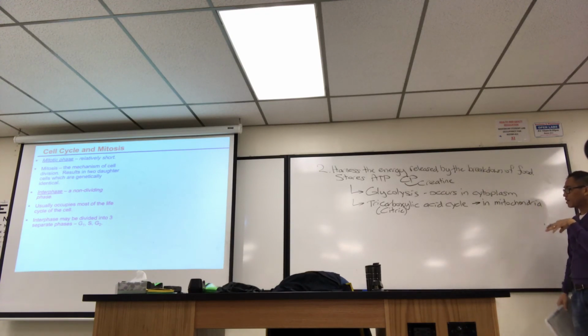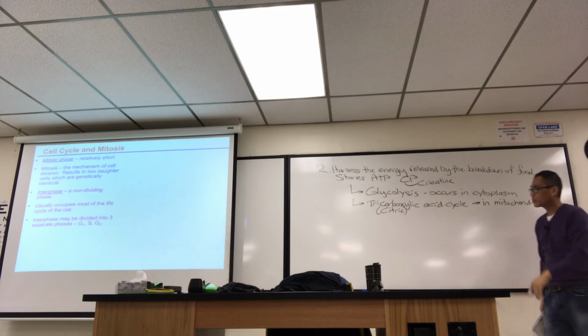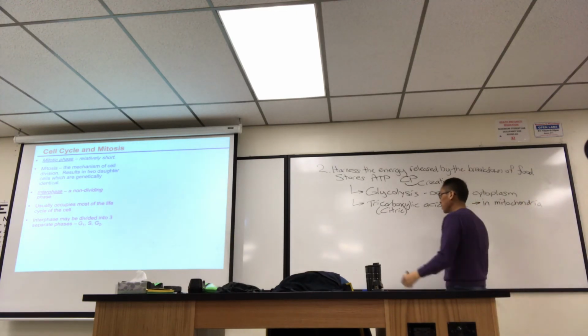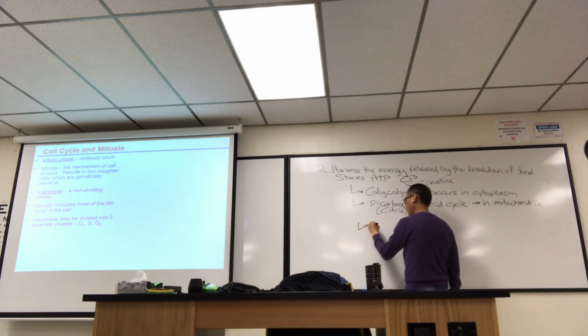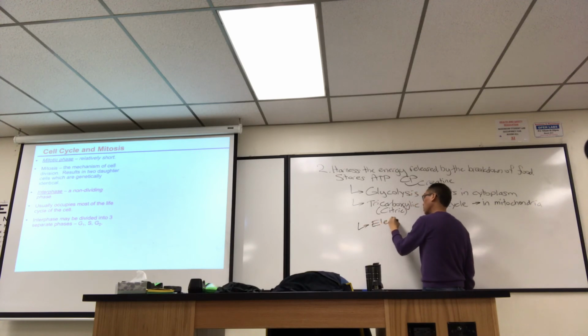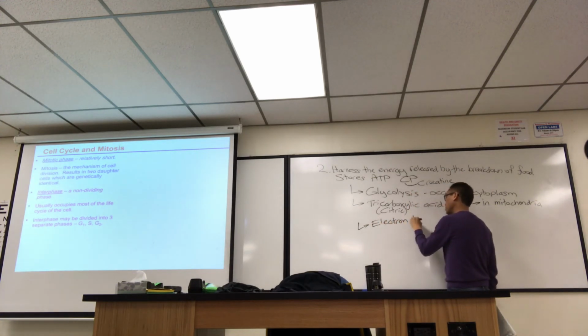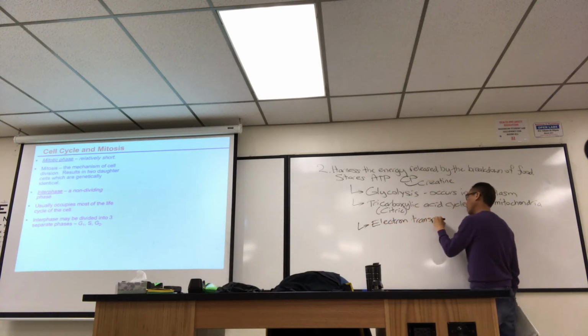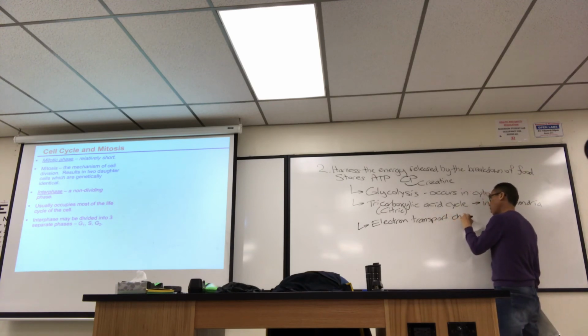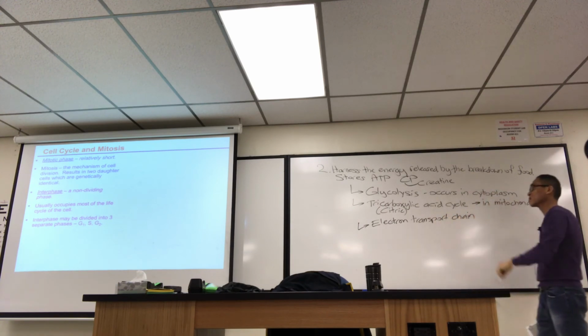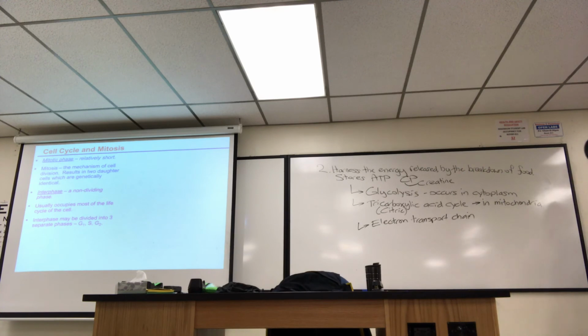Now, in the mitochondria, right after the citric acid cycle, tricarboxylic acid cycle, you have the electron transport chain. I'm not going to go over these chemical reactions. It's better taught in another class.